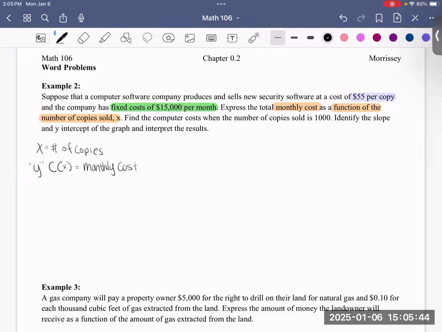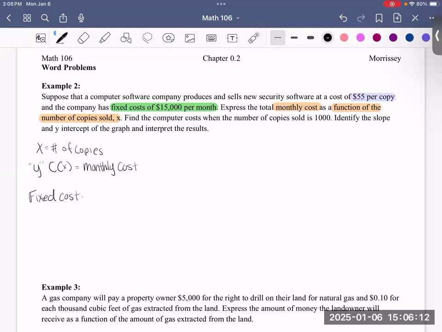Now, what does it mean by fixed cost? Well, fixed cost financially means you're going to have this value no matter what happens. So if an electrician or a plumber or somebody comes to my house, they're going to charge me just a fee for showing up. That is going to be on top of anything that they do to my house.